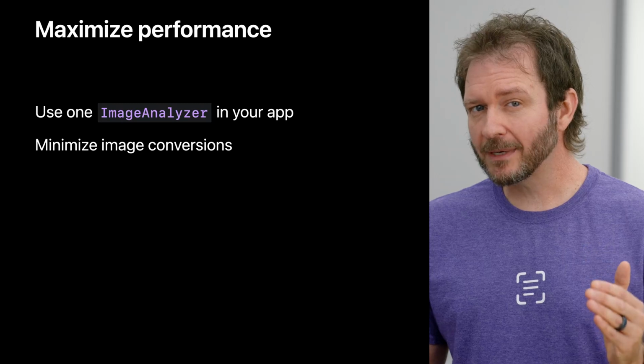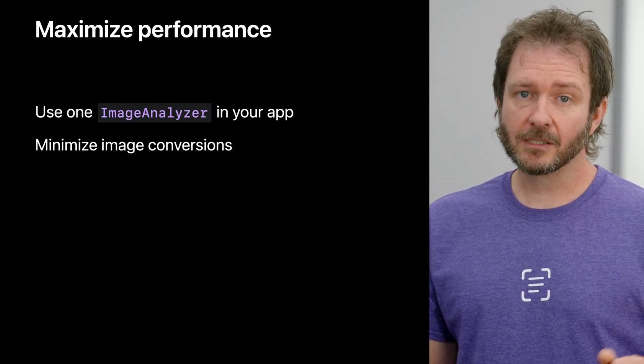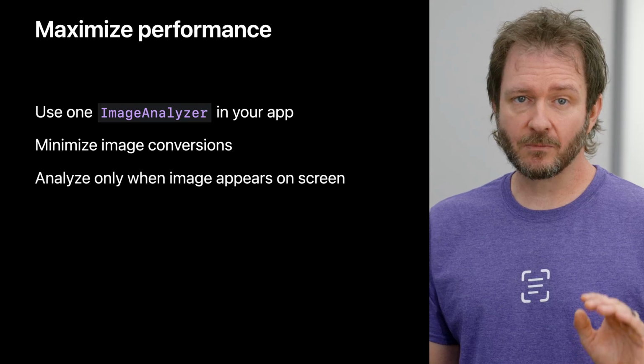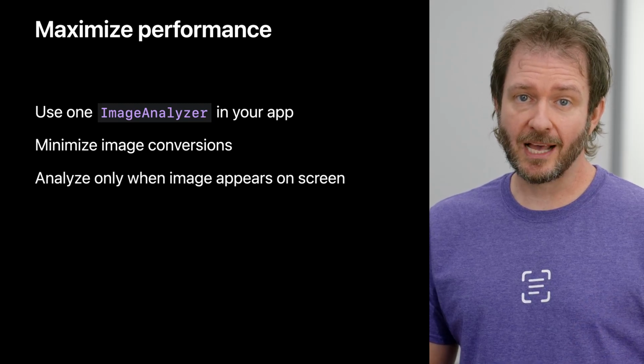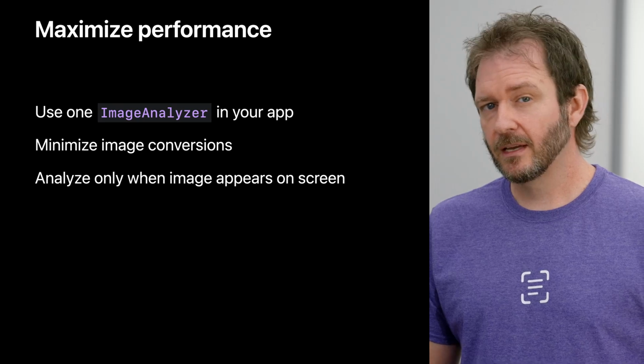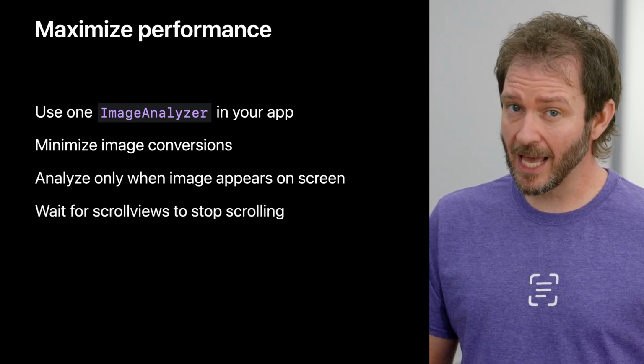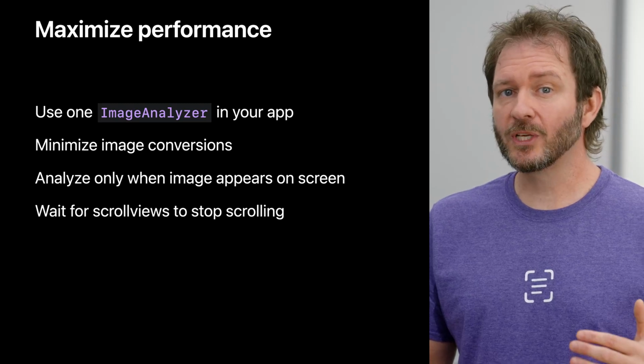However, if you do happen to have a CVPixelBuffer, that would be the most efficient. Also, in order to best utilize system resources, you should begin your analysis only when or just before an image appears on screen. If your app's content scrolls, for example, it has a timeline, begin analysis only once the scrolling has stopped.